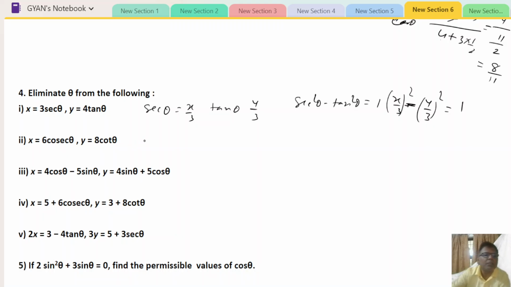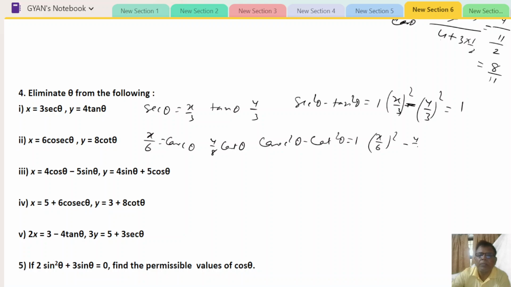Theta got eliminated. Here also you do the same thing. x by 6 is equal to cosec theta and y by 8 is equal to cot theta. We know that cosec square theta minus cot square theta is equal to 1. So x by 6 the whole square minus y by 8 the whole square is equal to 1. Theta got eliminated.